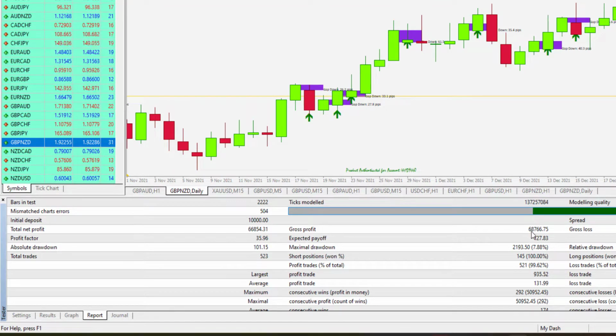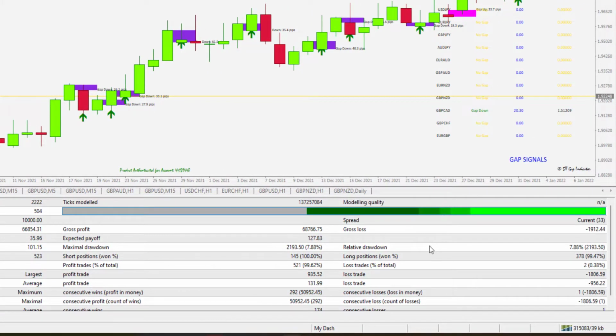And with the gap system, the way I trade it now, the maximal drawdown on this account was 7.88%. That's very, very impressive.